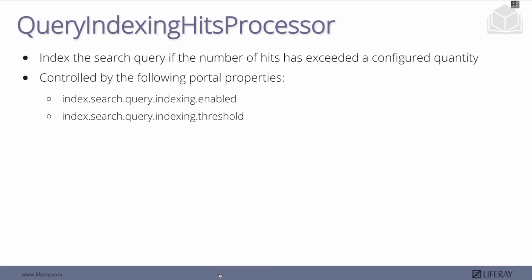So the query indexing hits processor. The idea here is if our search query brings back a large number of results, or if it exceeds a specific quantity that we specify, we can index that result to retrieve it much faster.